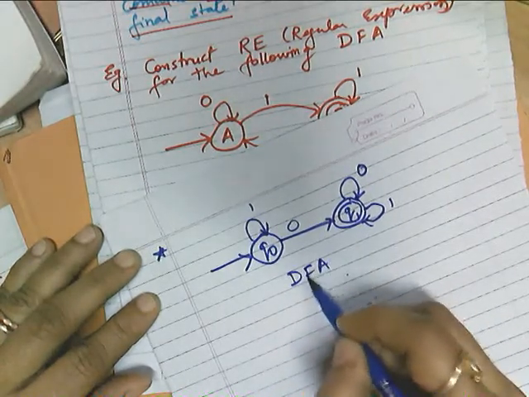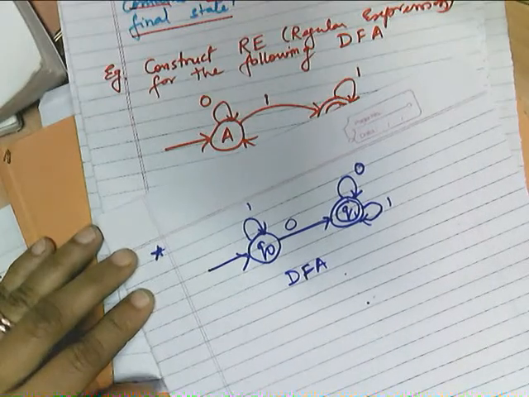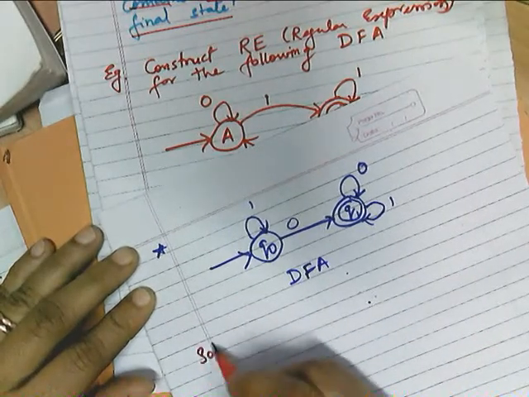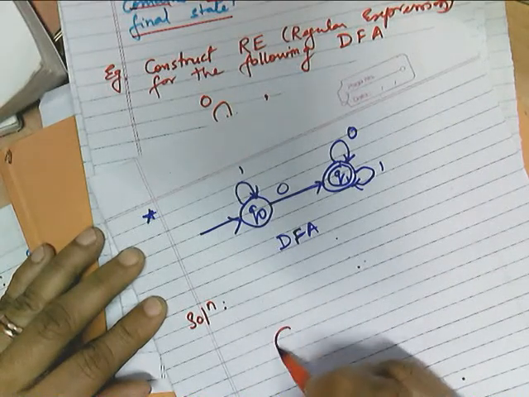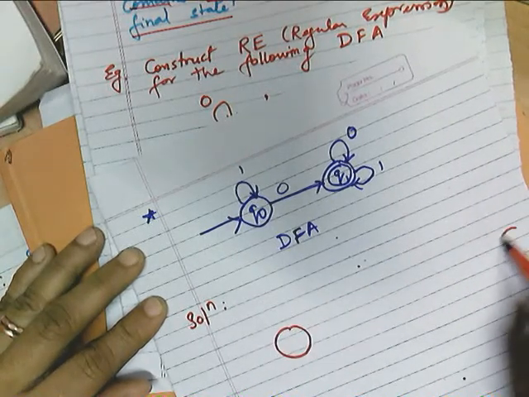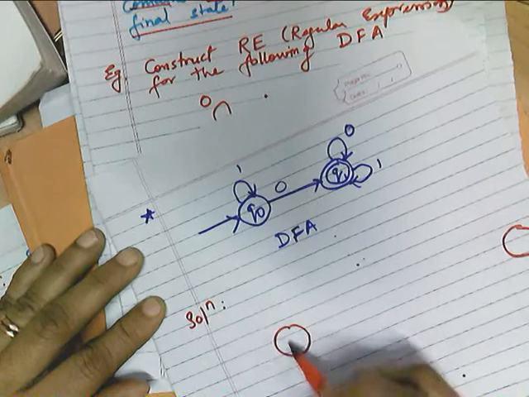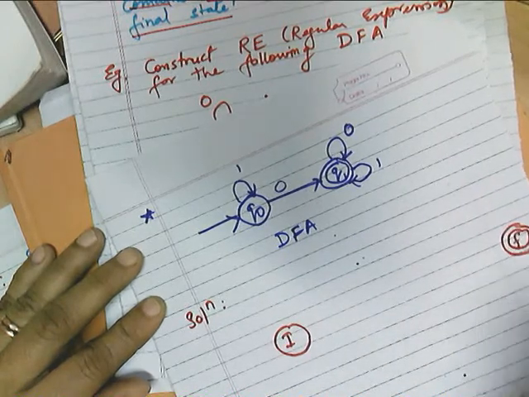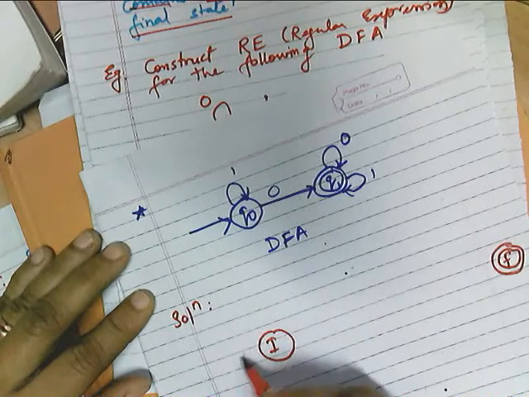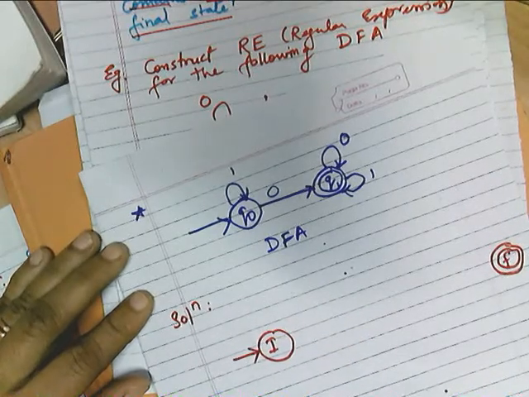Now we will start following the steps. What is the solution for this? Very first we need to add two states: an initial state, and a final state. We need to mark it as an initial state.